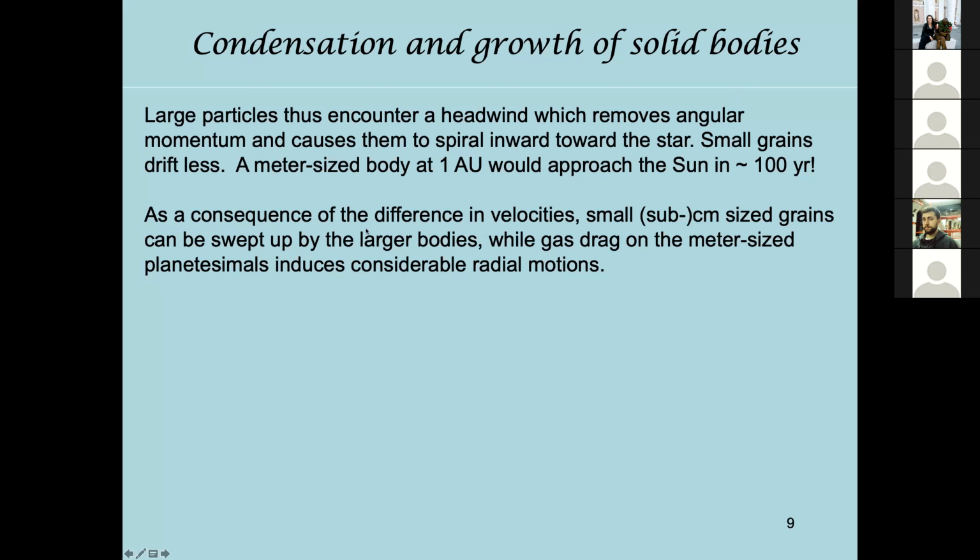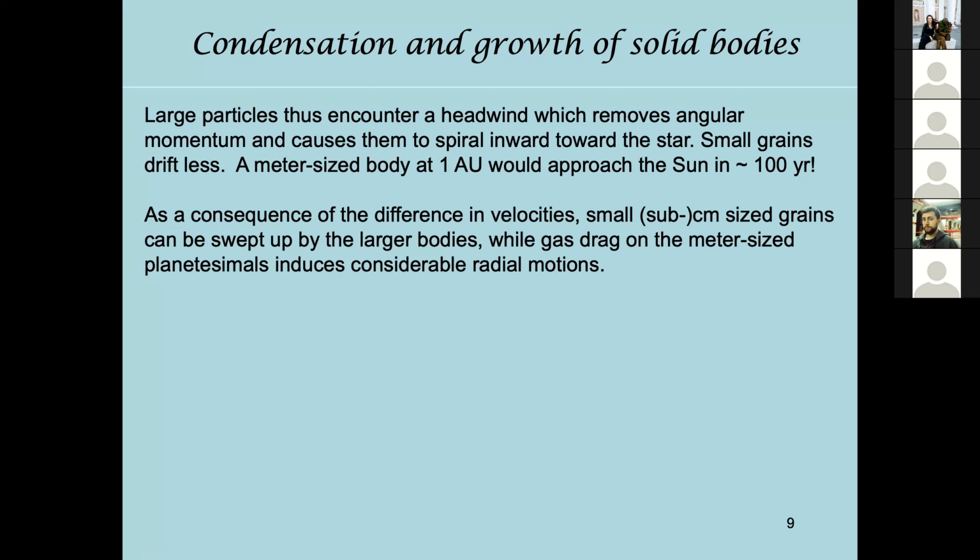A consequence of this is that on one side, you have this meter-sized planetesimal that can go toward the central region, while, for example, the smaller grains can be swept up by the larger bodies because they are following the gas.